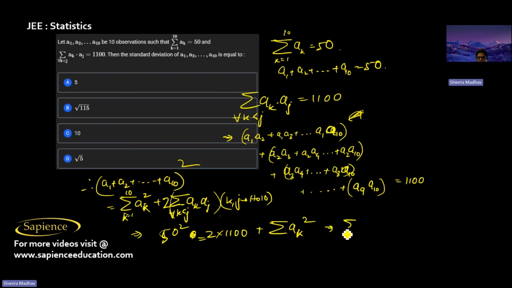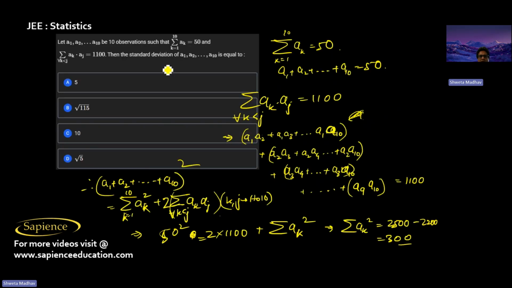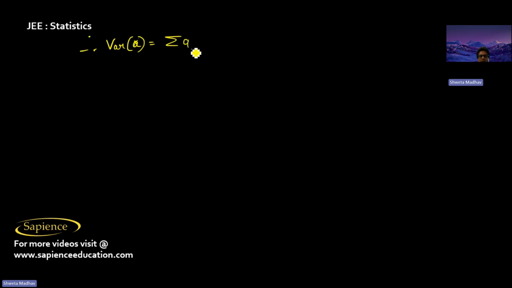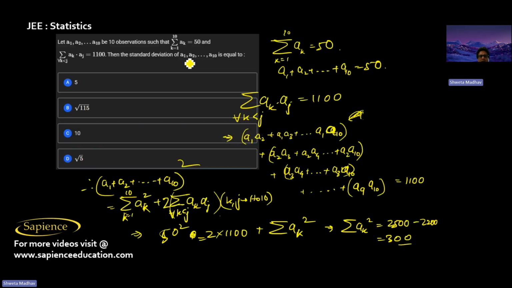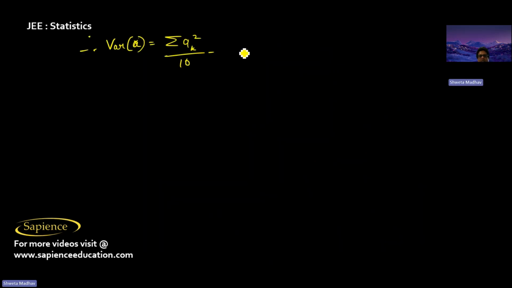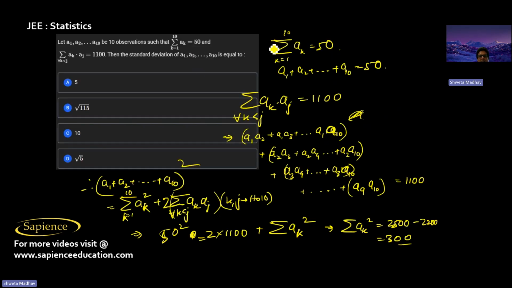Therefore, summation ak square is equal to 2500 minus 2200, that is 300. Now the variance of all the values a will be equal to summation ak square by 10 minus summation ak by 10 whole square, which is the mean of all the observations.